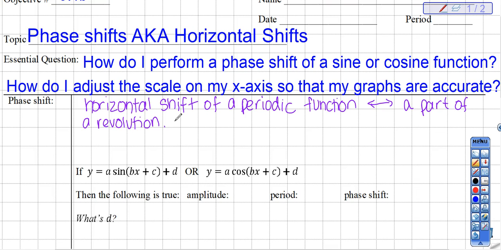But with a phase shift, what's happening is you're taking that revolution of 0 to 2 pi and you may be backing it up to negative pi over 4 to possibly 7 pi over 4. So you have to be thinking about, okay, where is this starting on the unit circle? Where am I finishing 1 full revolution on the unit circle? So it's a little bit more complex.